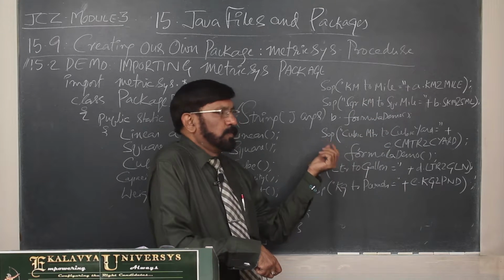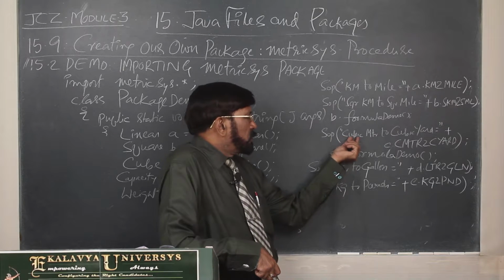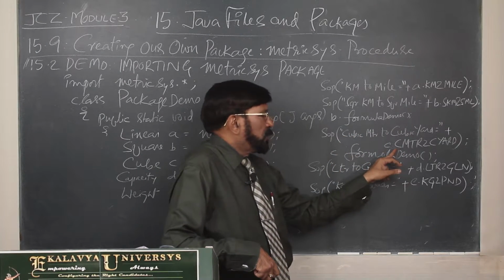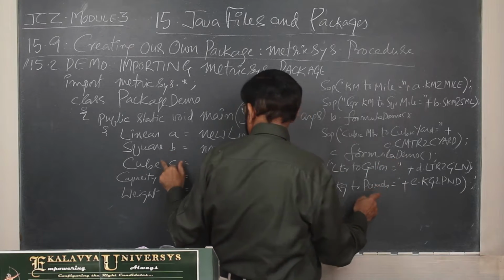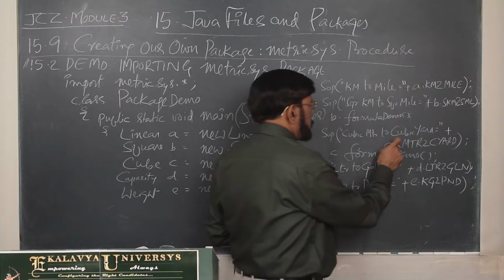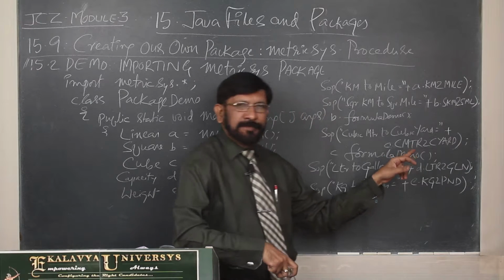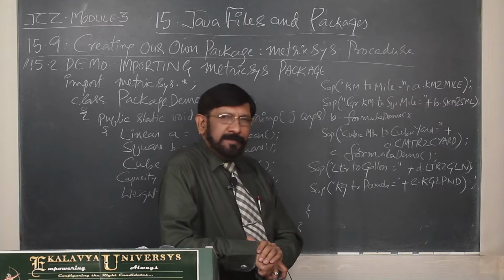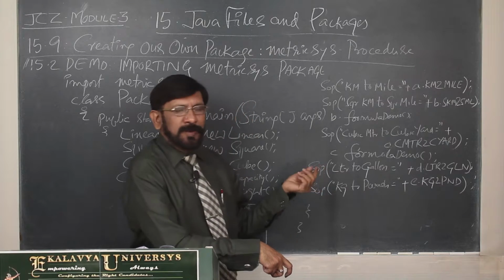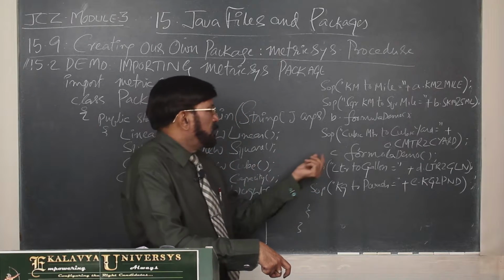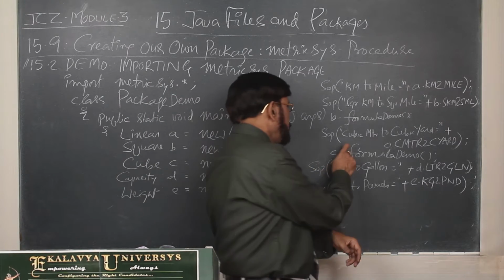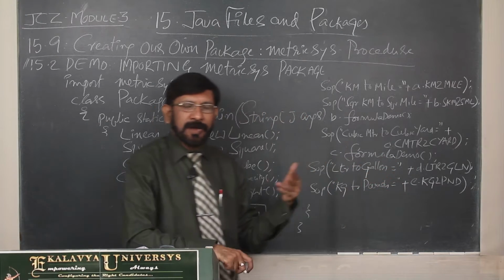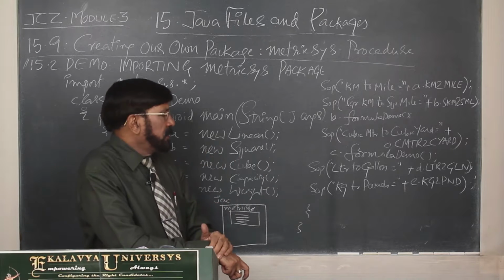Next, the cube class, cubic meter to cubic yard: C.CMTR to C yard, that I have written, and that is printed. Thereafter, one formula I have also written for cube. I write C.formula demo, and as a result of this call, that formula is printed.